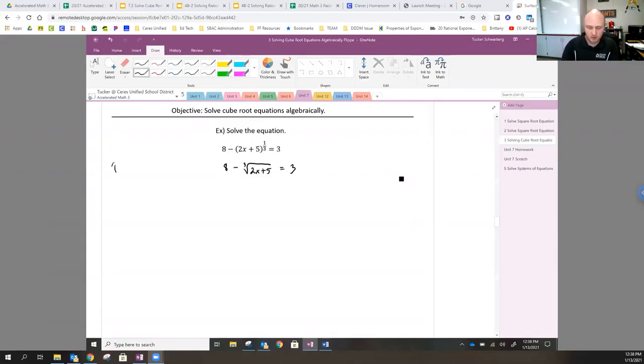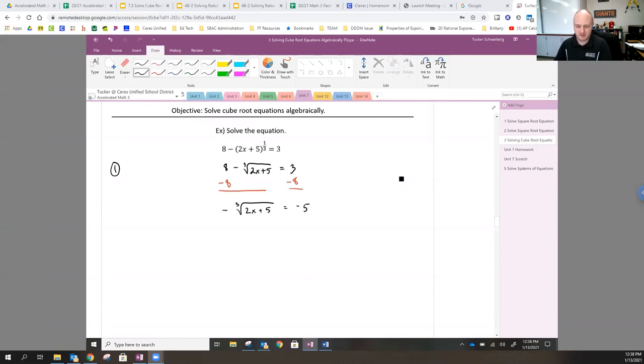So again, I'll do step 1. I'm going to go ahead and isolate my radical. I guess 2 ways you could do this. I'm going to go ahead and subtract 8 on both sides. So we have a negative cubic root of 2x plus 5, which is equal to -5.